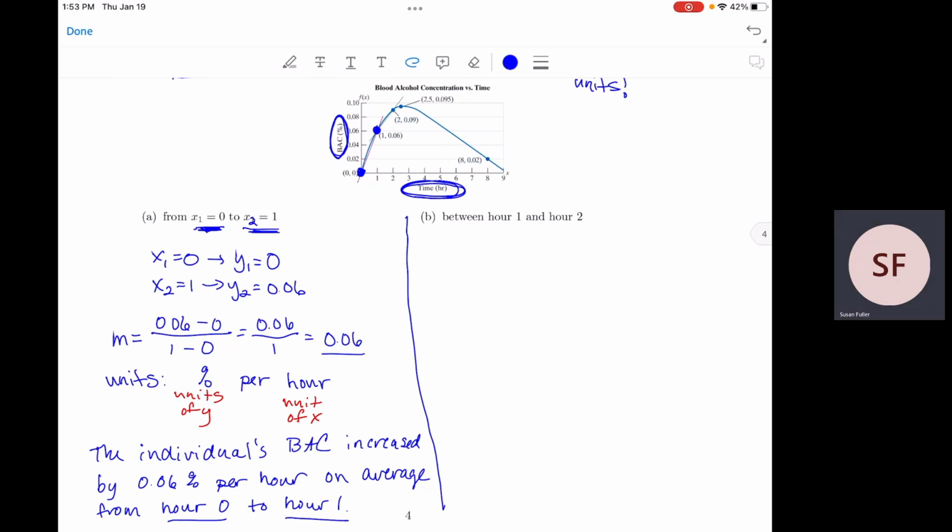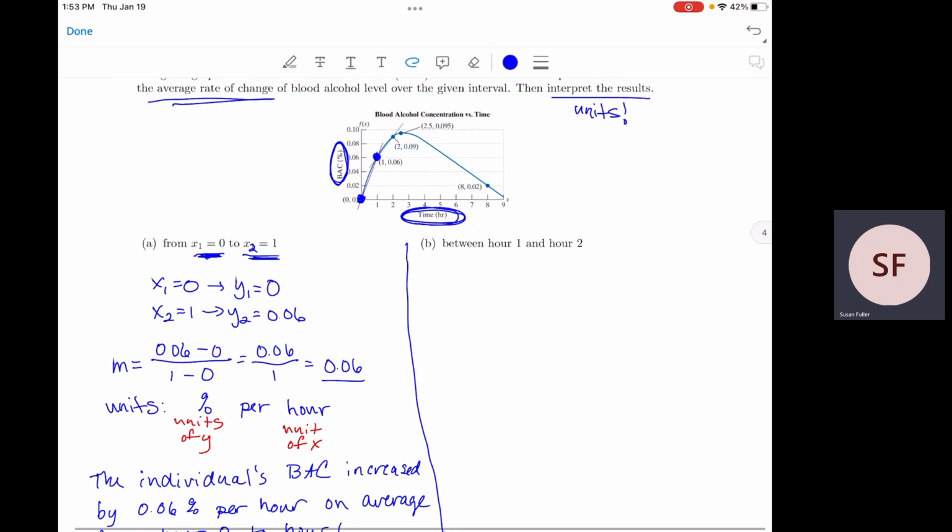All right, let's try to do this one more time. What if I wanted to do this between hours 1 and 2? Hour 1 here, that's x1, and hour 2 here, that is x2. So we will just rock right along here. x1 is 1 and x2 is 2.